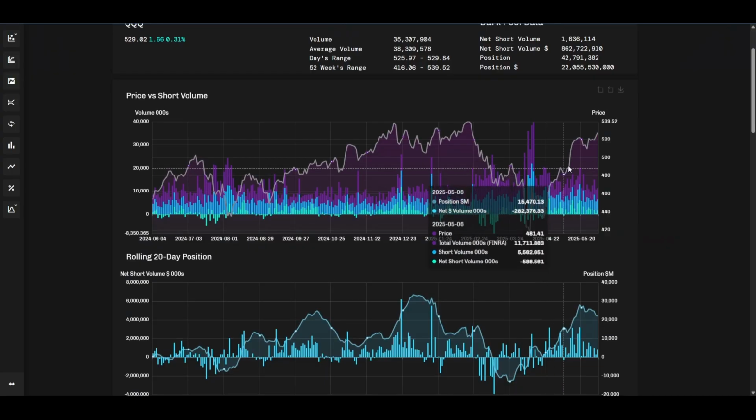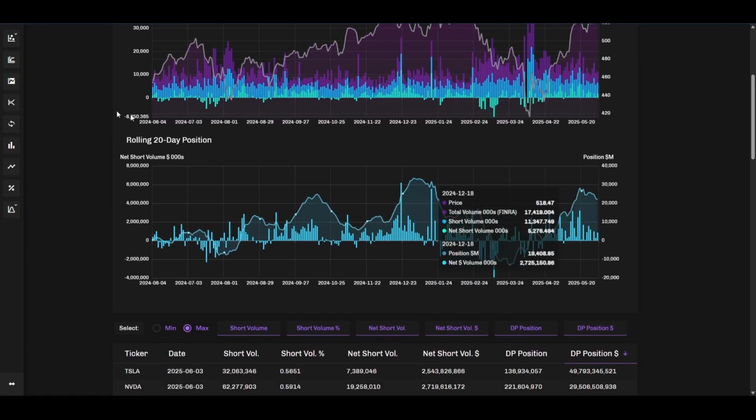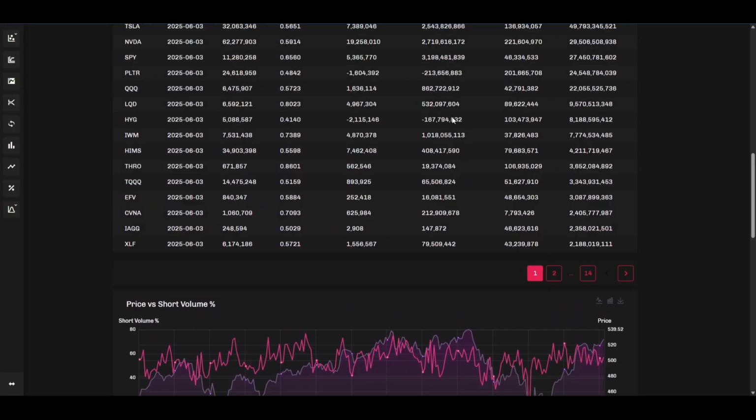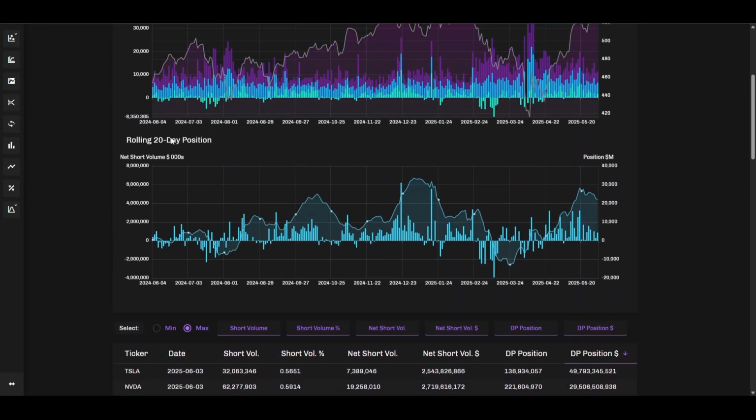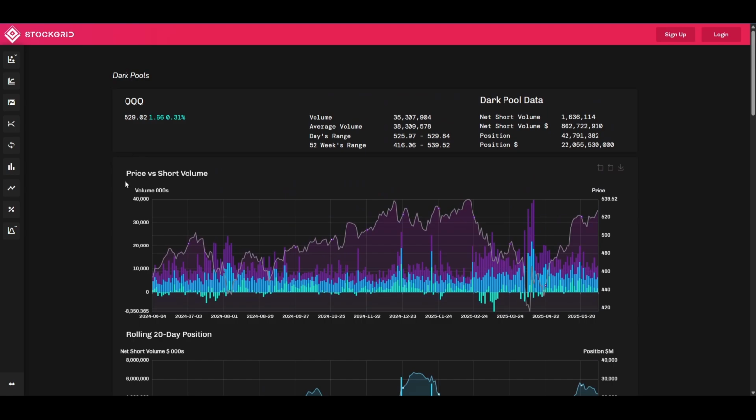Now, how do you predict the high? Well, you predict the high through declines and net short positions increasing. So you look at the net short positions, not these ones right here. This does not help you. This right here, the rolling 20-day positions, while looking at the price versus short volume.